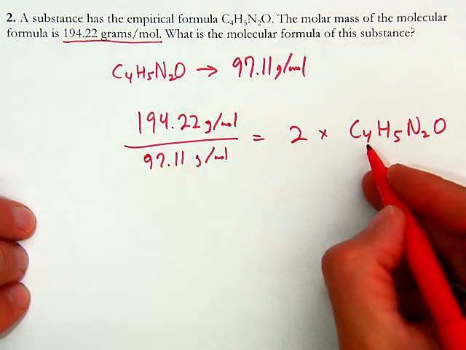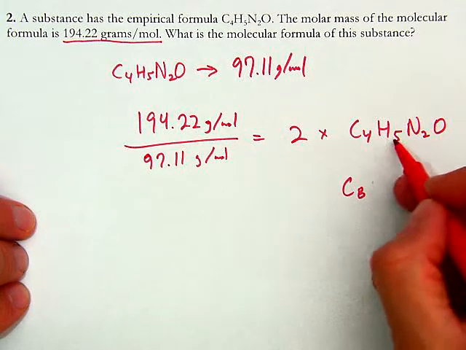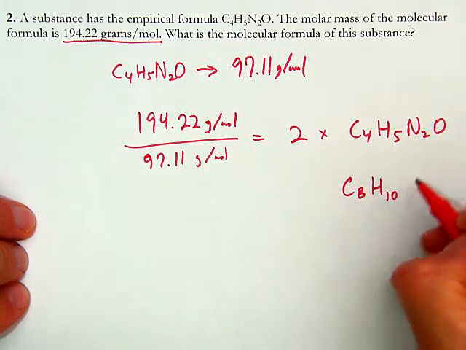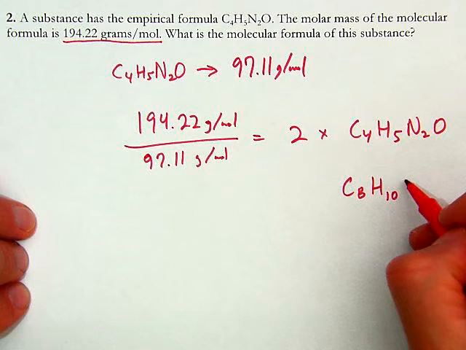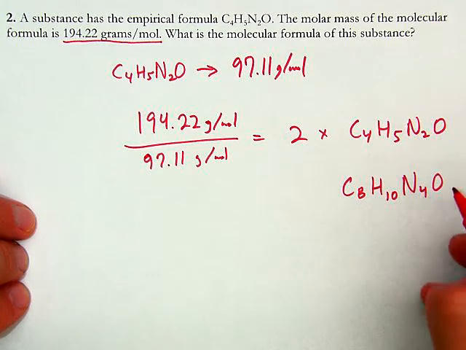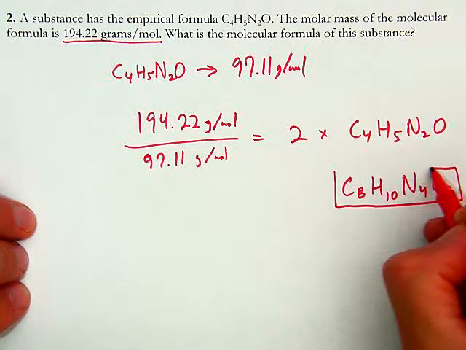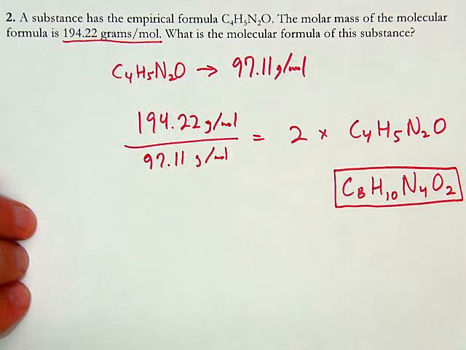So instead of 4 carbons, we have 8 carbons. Instead of 5 hydrogens, we have 10 hydrogens. Instead of 2 nitrogens, we have 4 nitrogens, and instead of 1 oxygen, we have 2 oxygens. And this is a chemical formula that I used in an earlier problem, caffeine, and I sort of did this by accident ahead of time. But there it is, same thing, finding the molecular formula from the empirical formula.